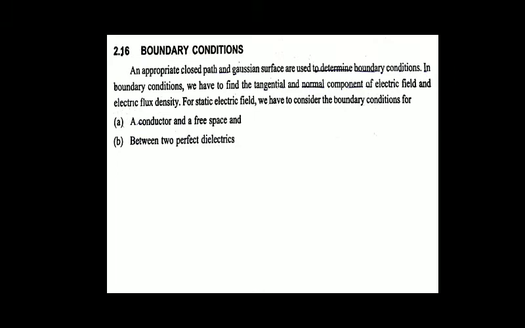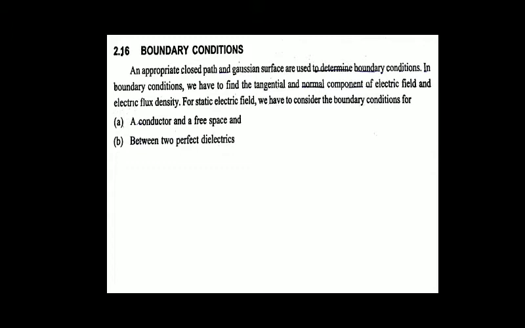In this section we will discuss the two components of the electric field and the two components of the magnetic field. The two components are the normal component of the electric field intensity or density, and similarly for the magnetic field intensity or magnetic field density.